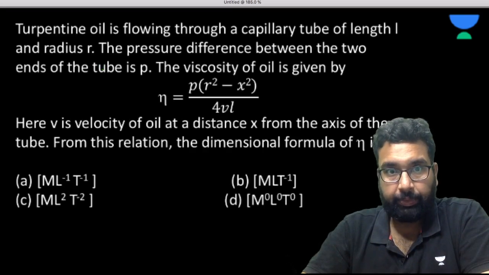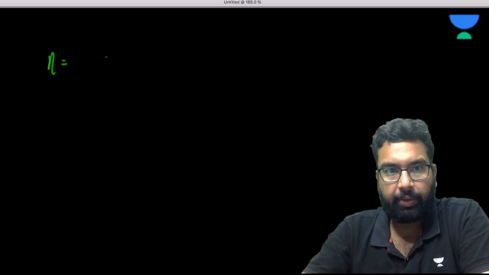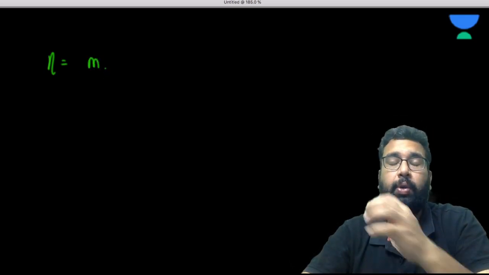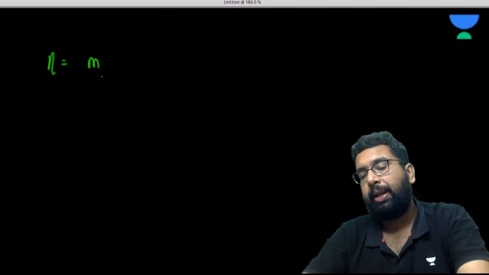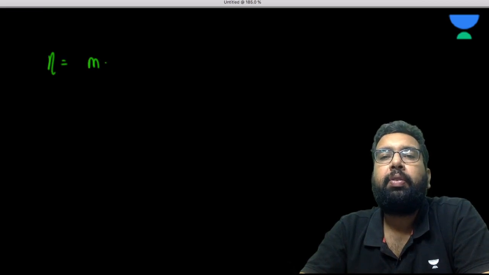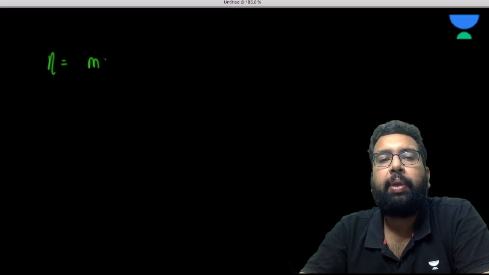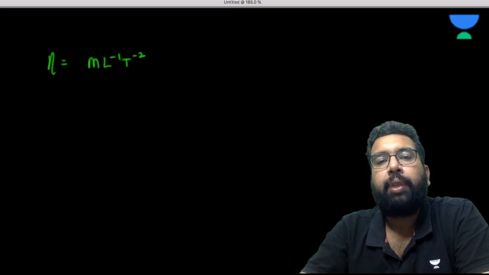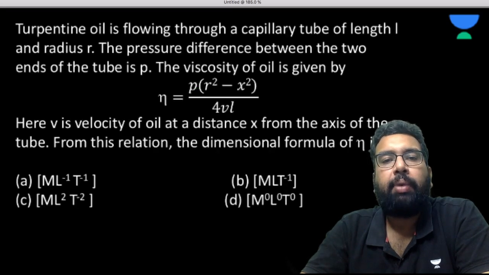Now see, this is P. So let's right away write the units of it. Pressure is force upon area. What is the dimension of force? MLT minus 2. And what is the dimension of area? L square. So it will become M L minus 1 T minus 2. Then we have R square minus X square.